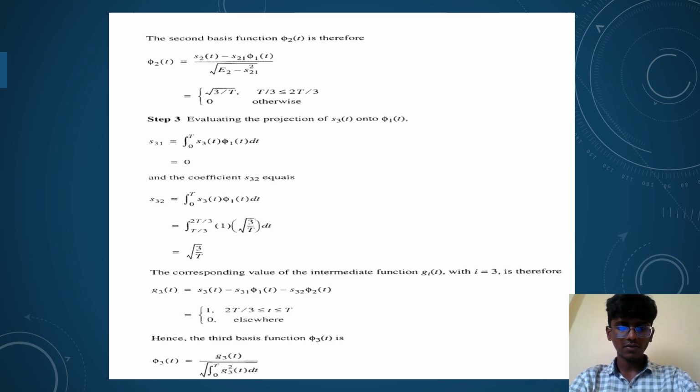S32 will be equal to square root of 3 by T. Therefore, the corresponding value of the intermediate function g_i of t with i equal to 3 is g3 of t equal to 1 if t lies between 2T by 3 and T. If the value of t lies anywhere else, other than between 2T by 3 and T, it will be 0.